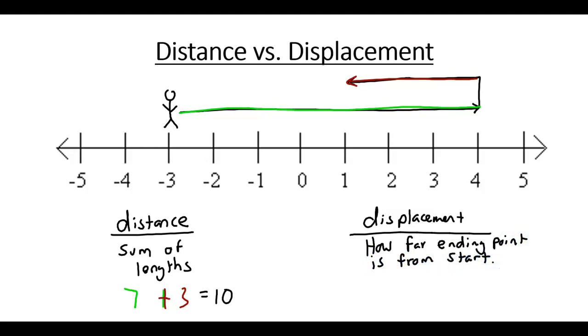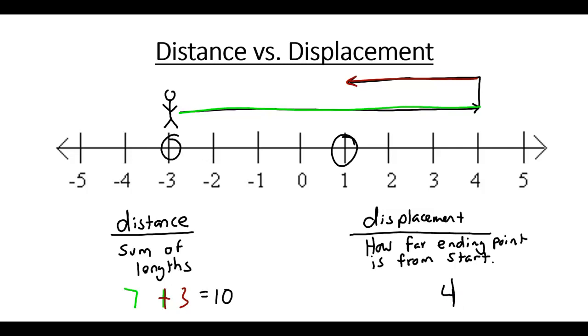All right, so if he stops right here and he started here, how far apart are those two numbers, -3 to 1? Well, that's 4. It's 4.